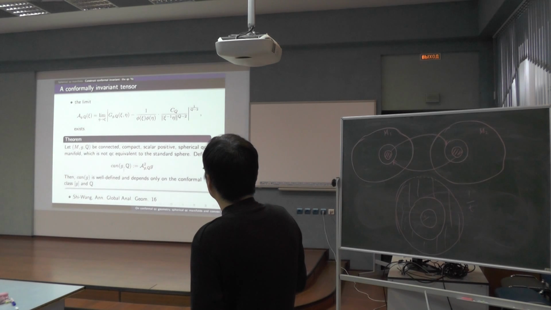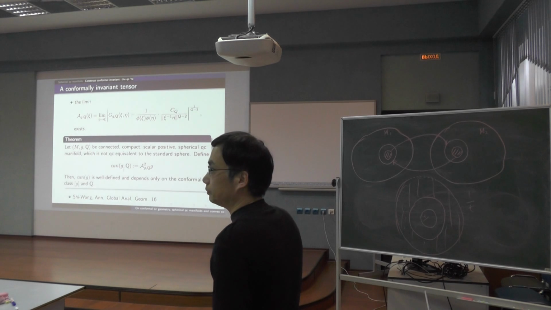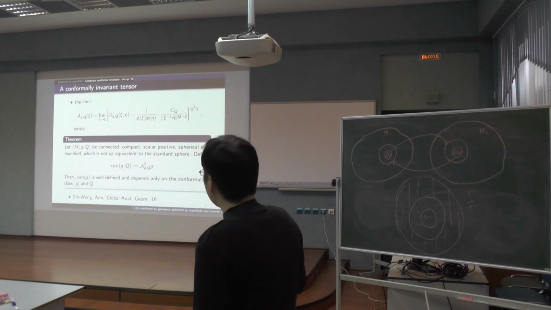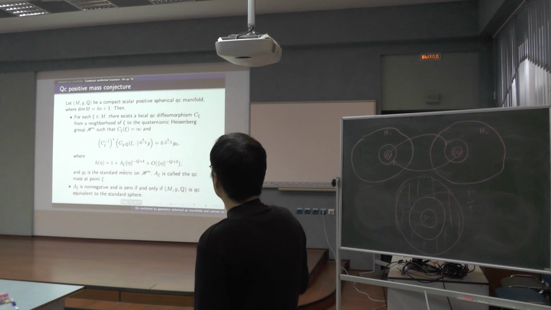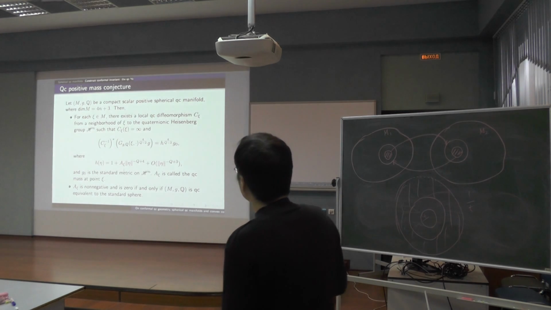So the main results in this talk appeared in this paper. So the problem is whether A is non-vanishing. If A is positive, then this is the invariant metric. Otherwise, we can see it is just some tensor. So here we have the problem we call the QC positive mass conjecture. I will not explain the details.